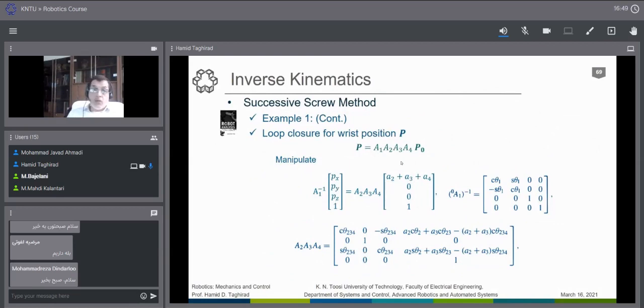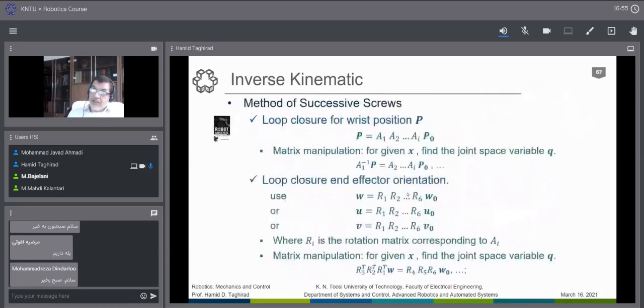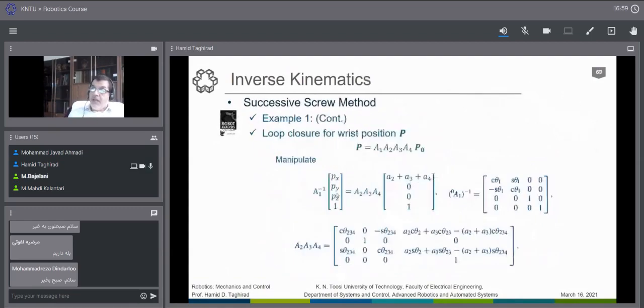And to make this equation easier, we use A1 inverse, as we discussed here. Usually we bring it to the other side. We put this one here to make it easy. Now, A1 is a function of theta 1, so A1 inverse can be easily found by symbolic manipulation or by hand.